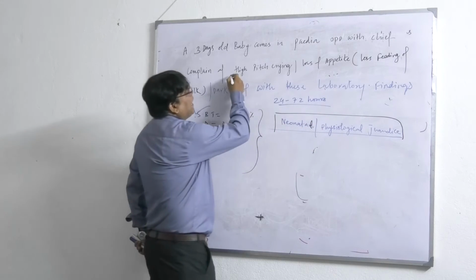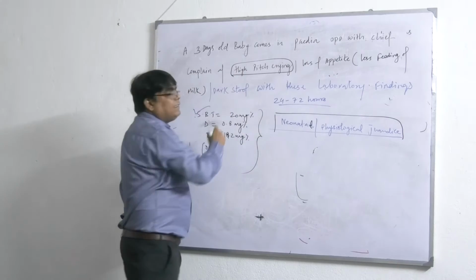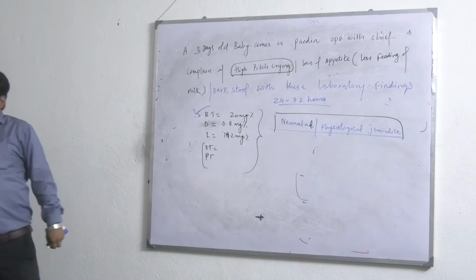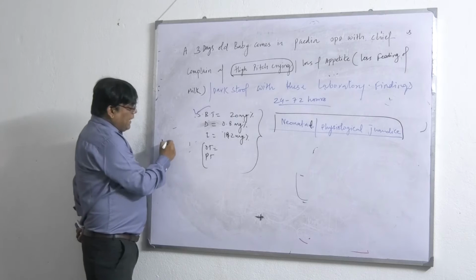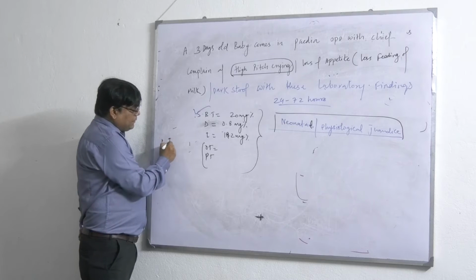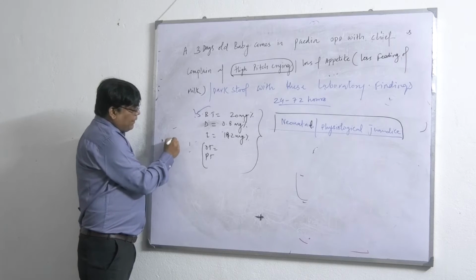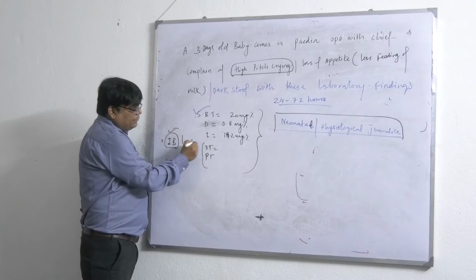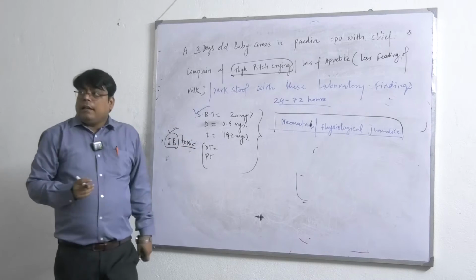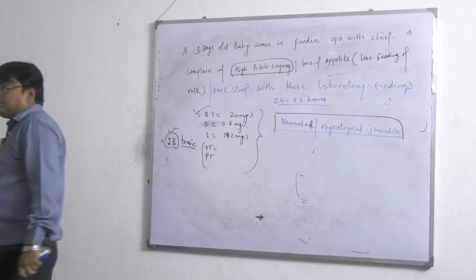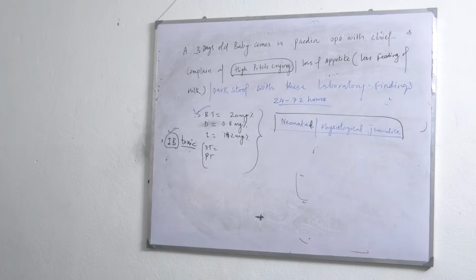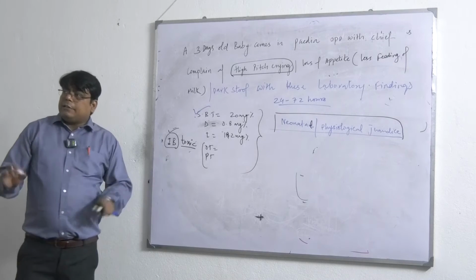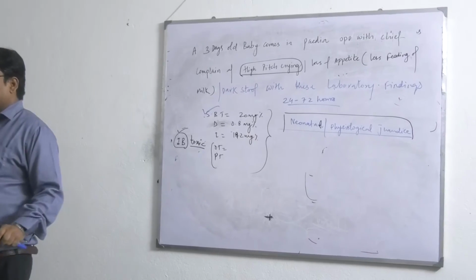And the complaint is high pitch crying. High pitch crying is regular crying due to abdominal pain. You understand? The indirect bilirubin is toxic in nature. It creates pain, abdominal cramps. But if the liver is properly working, it is conjugated, then it is not toxic.